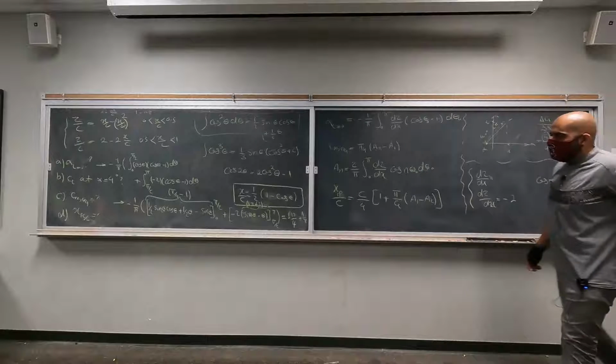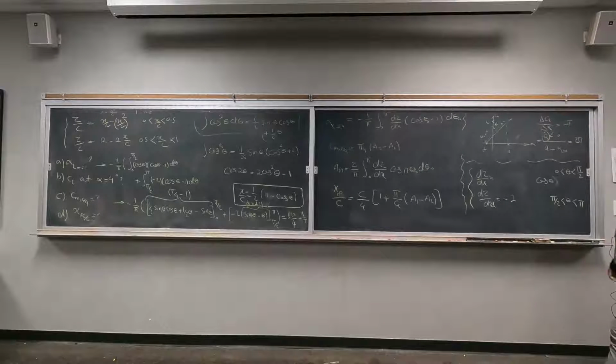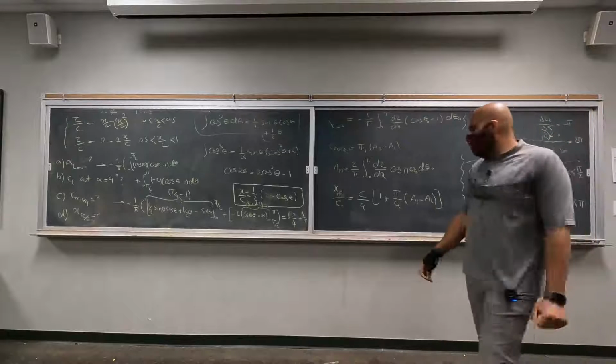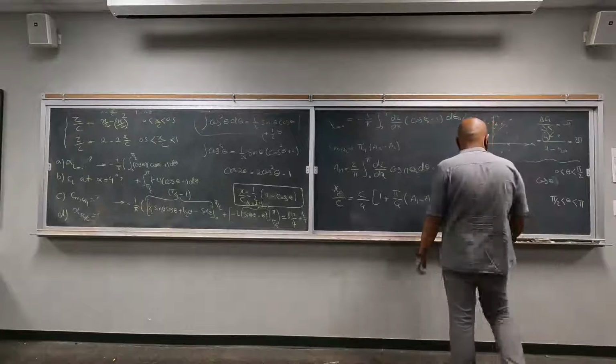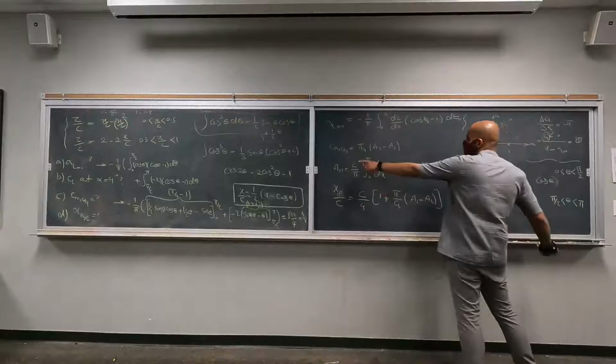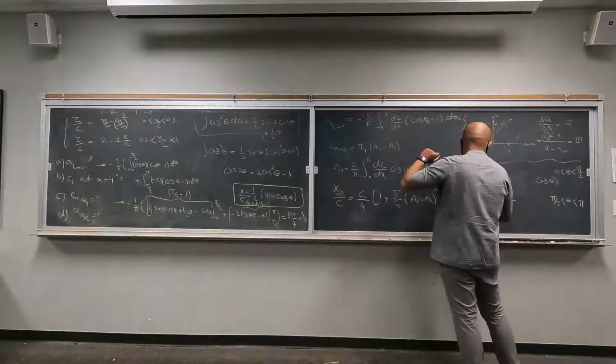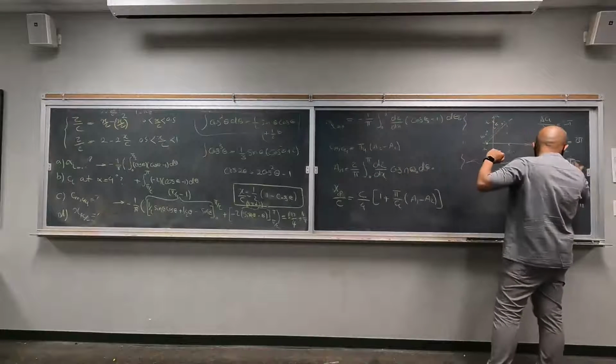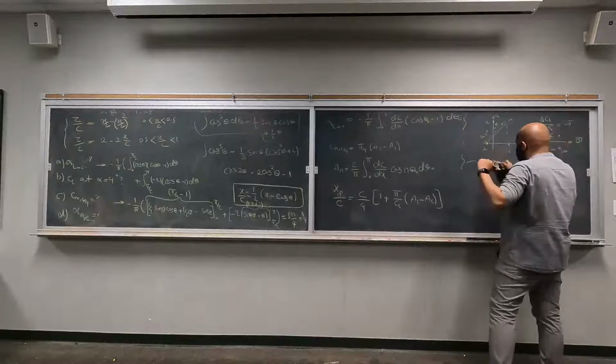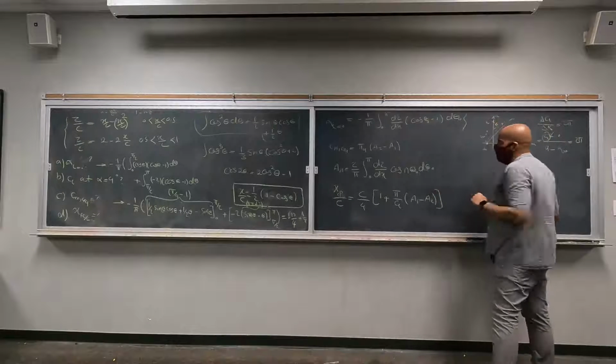Okay. What about the third part? For the third part, we want to find the moment coefficient around the quarter chord. So this is the equation we are looking at. We just have to find the values of A1 and A2.